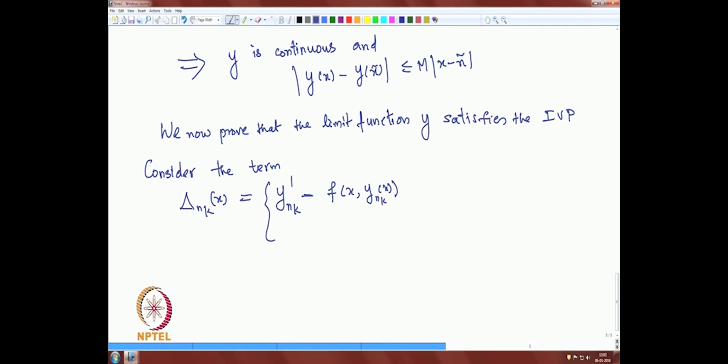This difference is the error, if ynk prime exists, otherwise we take it as 0. The otherwise case is only for finitely many points.